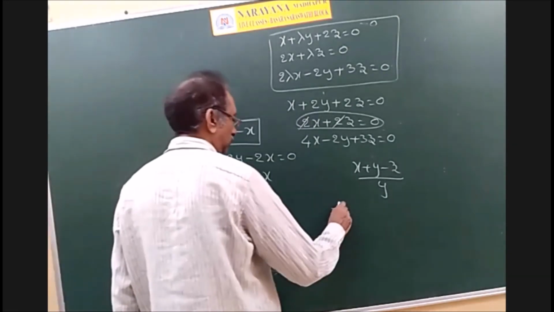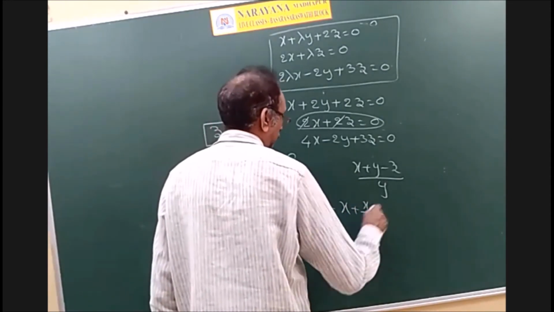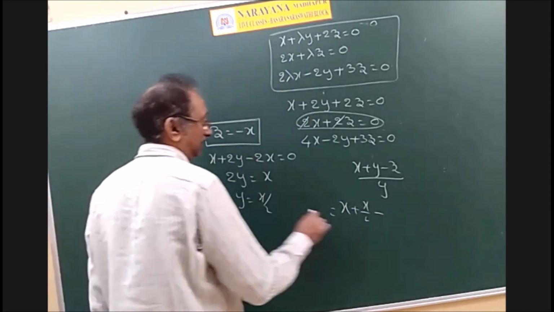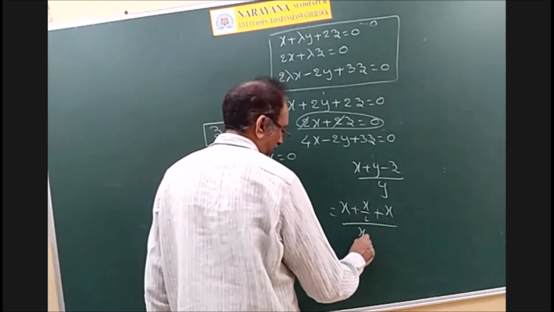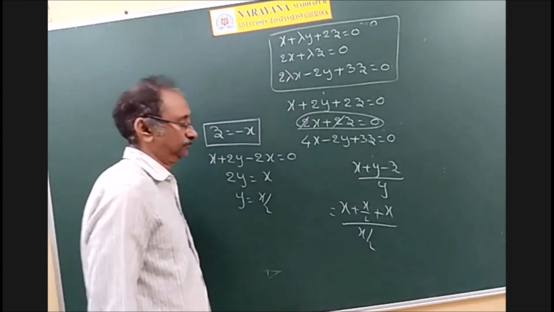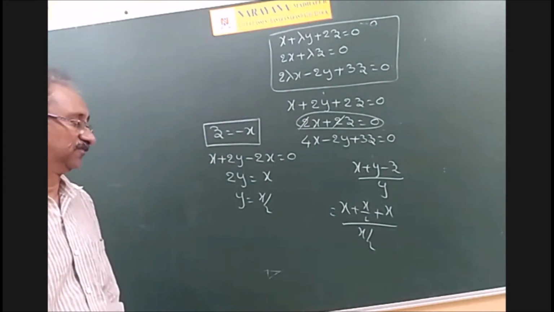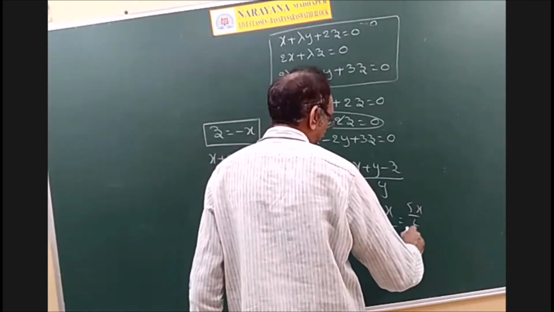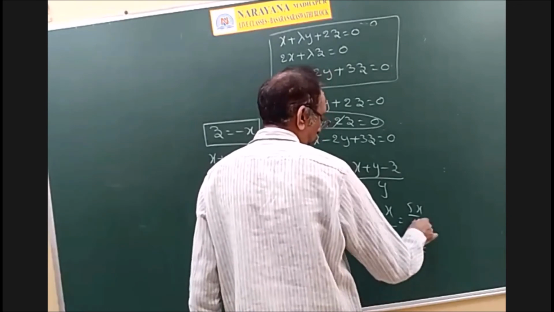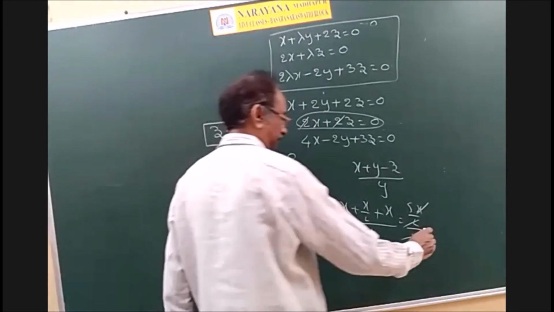So this is equal to x, in place of y, x by 2, in place of z, minus x, minus of minus plus x, in place of y, x by 2. And simplify that. What is that? 4x plus x, 5x by 2, by x by 2. 2 cancels, x cancels. So the answer is 5.